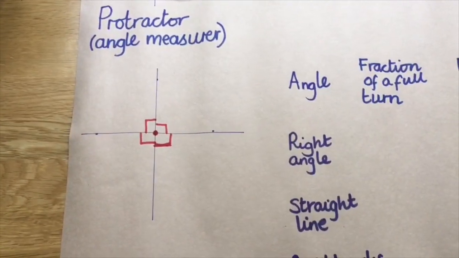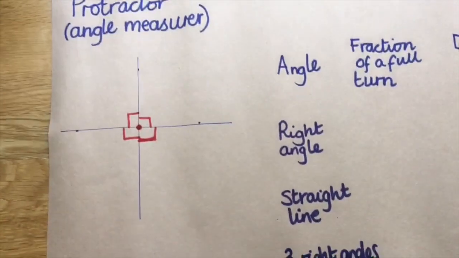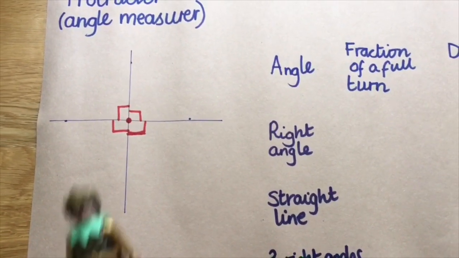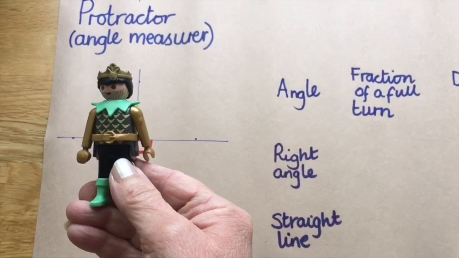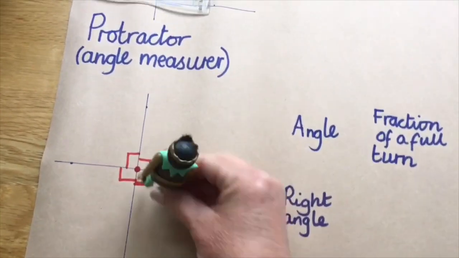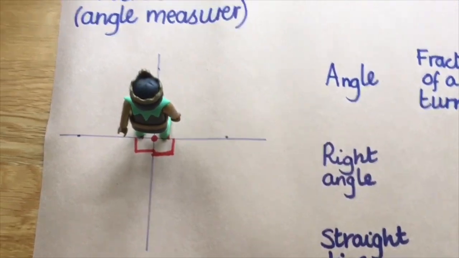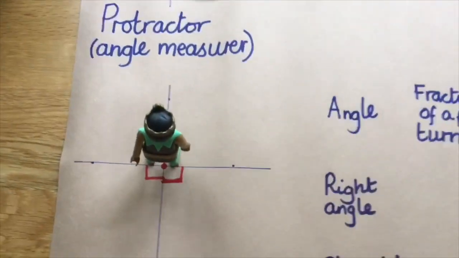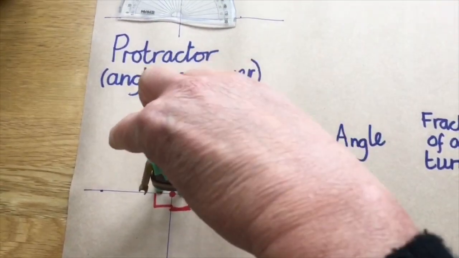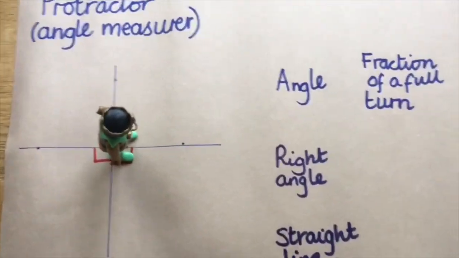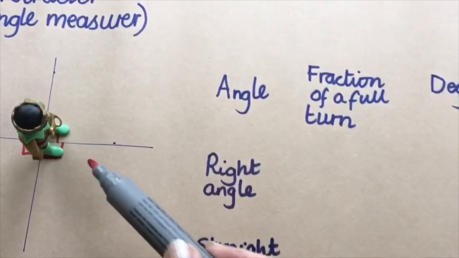We can link this to the number of degrees in a turn around a point. So I'm going to use my little Playmobil king to help us. So if he is starting here and he's facing straight ahead, but he turns 1 right angle here, we know that that is 90 degrees.